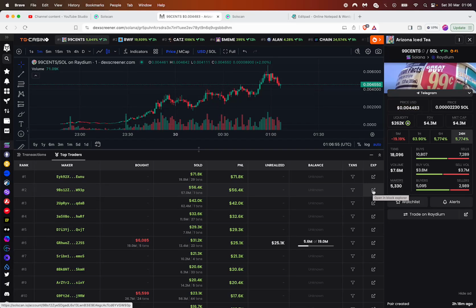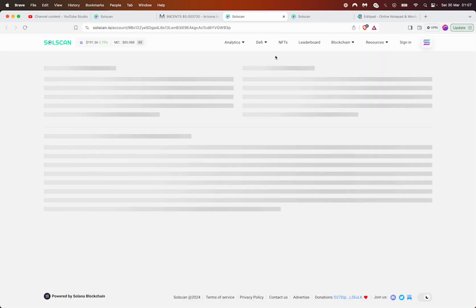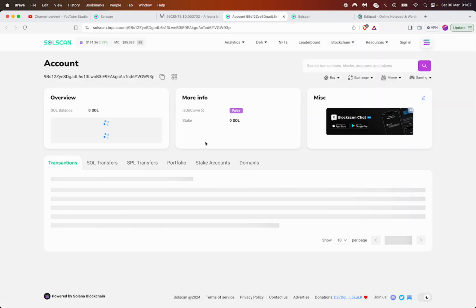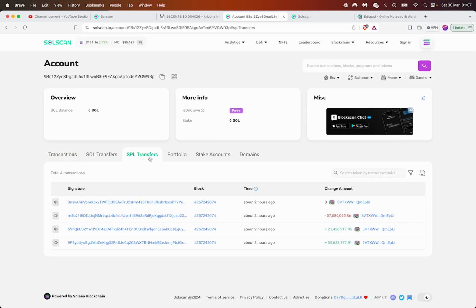Why would somebody sell without buying? The only reason that would happen is because somebody else sent them the tokens. And that's usually the developer. The developer has sent to other wallets, and those other wallets have sold the token.